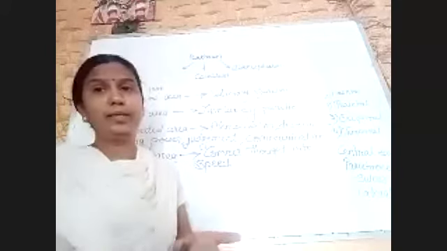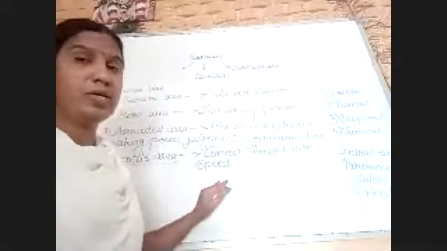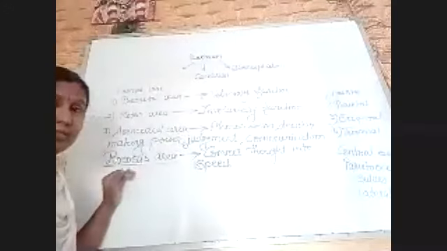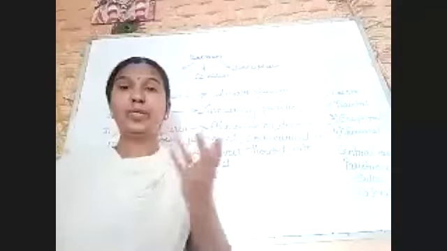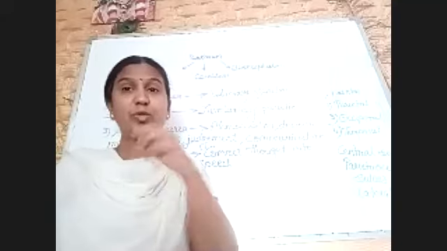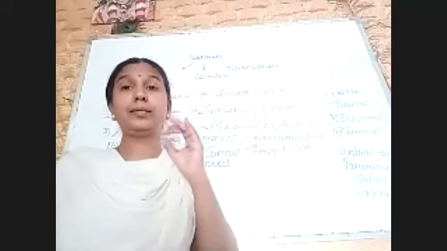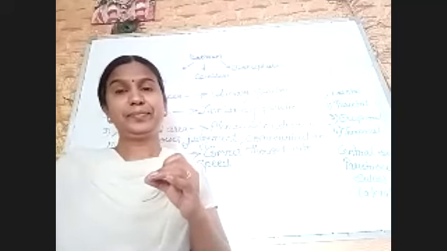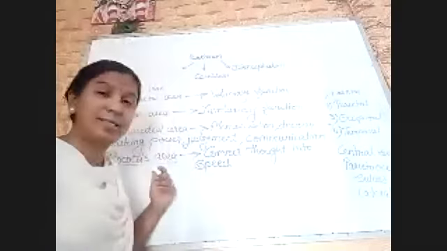It will convert thought into speech. जो भी मेरे माइंड में थॉट आ रहे हैं अभी, that is going to be converted into speech, जो मैं आपसे बात कर रही हूँ, बराबर? तो ये जो फंक्शन है, that takes place in this Broca's area, and definitely for speech, the movement of lips, tongue, vocal cord, and jaw will be controlled by this Broca's area.